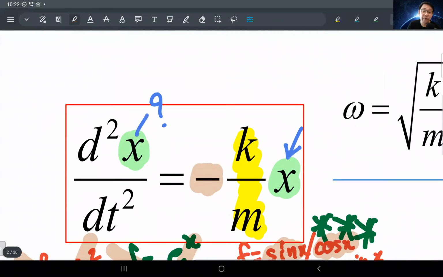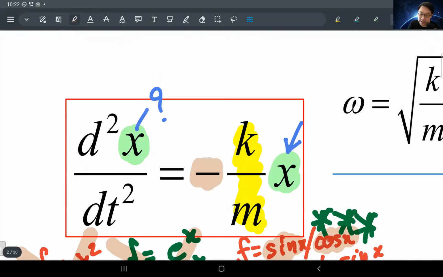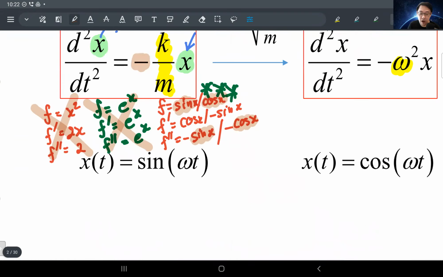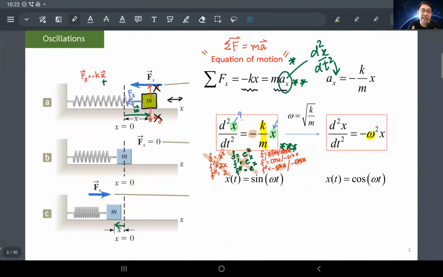You end up with the differential equation. You want to solve for x. The solution is either sine or cosine. So it automatically gives you the solution that this mass on the spring will eventually move in a sinusoidal fashion. And that is the oscillation motion. That's it, guys. That's it for today's lecture. No, I'm just kidding.